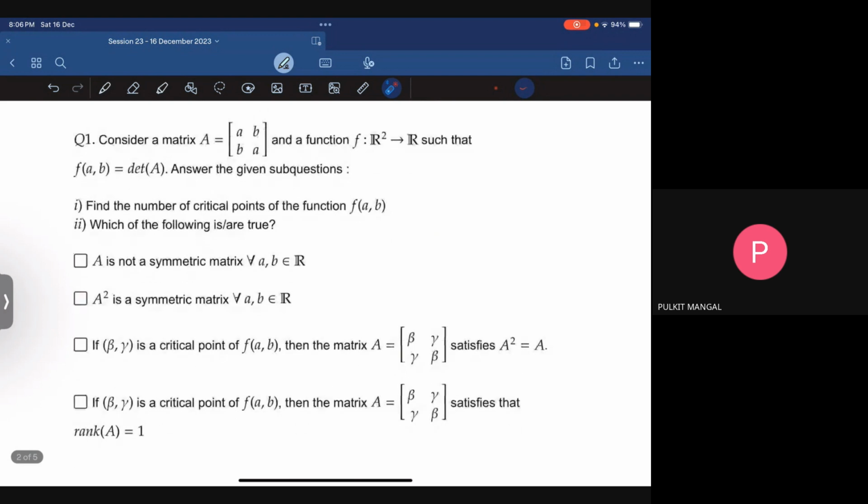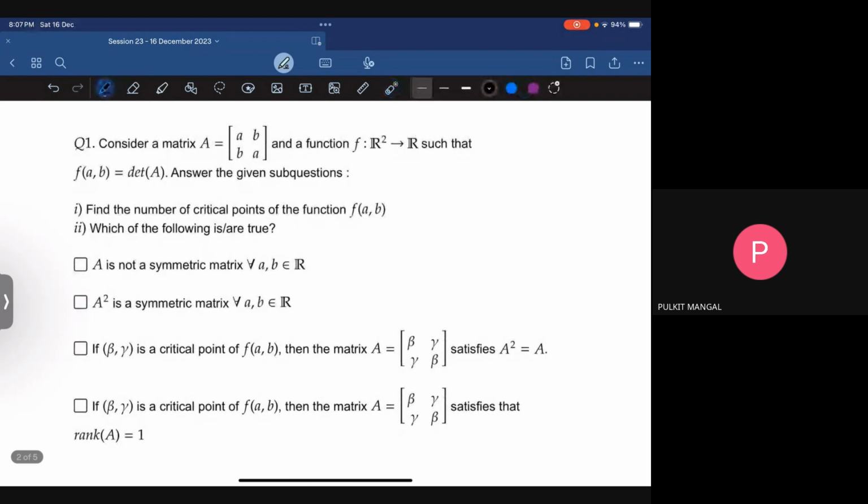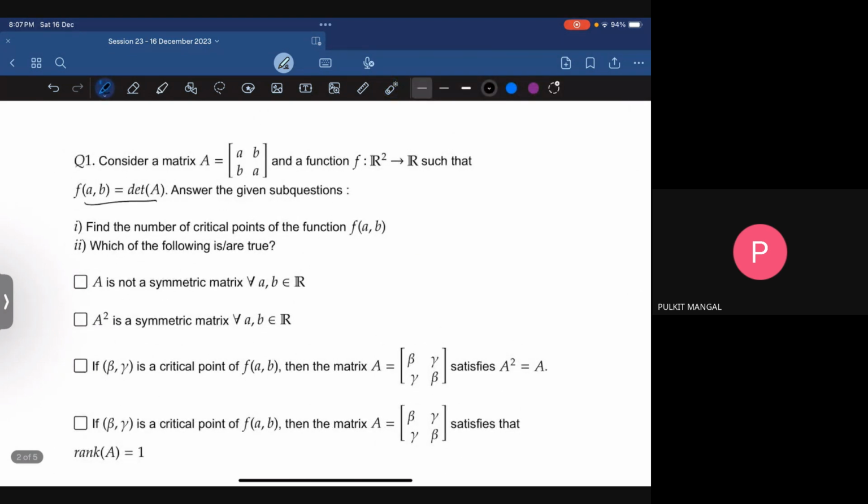So first let's deal with this. My function f is defined as the determinant of A, and the determinant here is a square minus b square. So this is my function now. We basically need to find the critical points for this function.